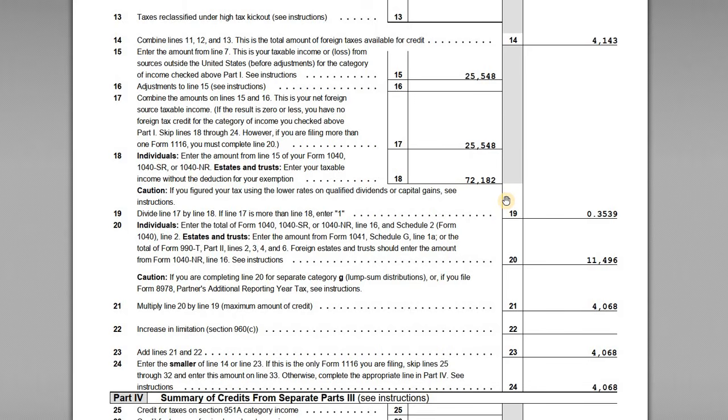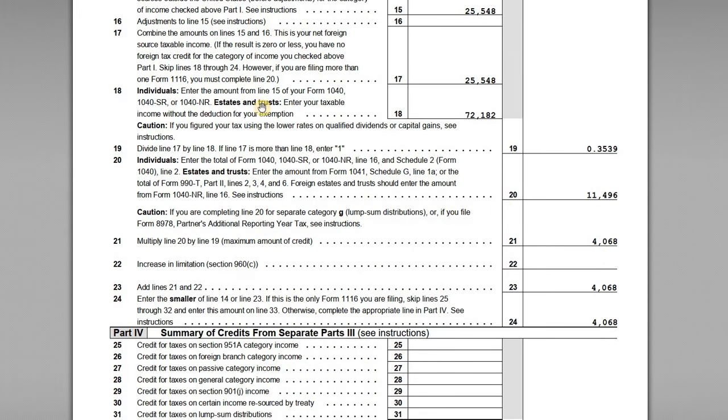But if you have qualified dividend income or long-term capital gains or capital gain distributions, because they're subject to lower tax rates, you need to use the worksheet in the Form 1116 instructions to figure out what amount to put in here. Because we don't have any of those items, we can simply use the amount from line 15.